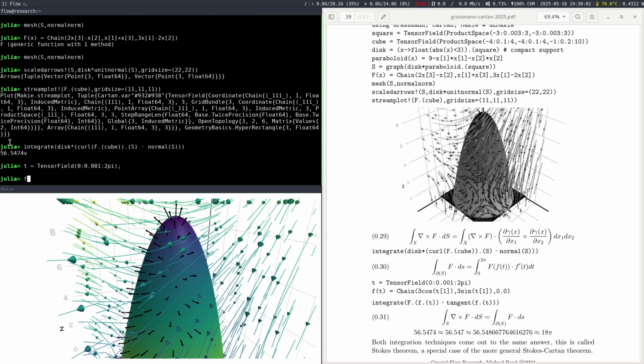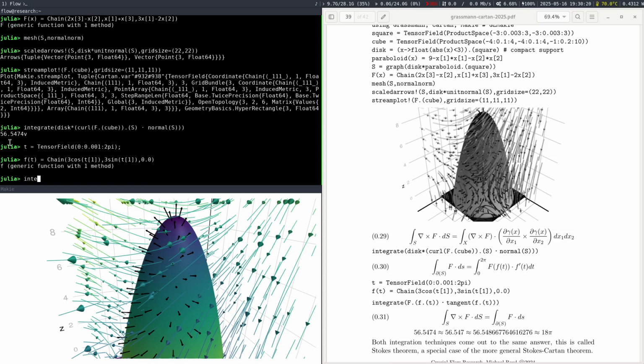Then we'll do an integral around the circle. And now we can integrate this as a line integral.